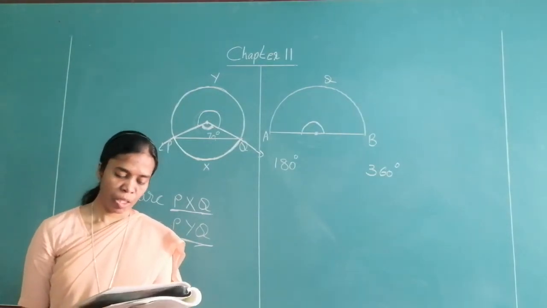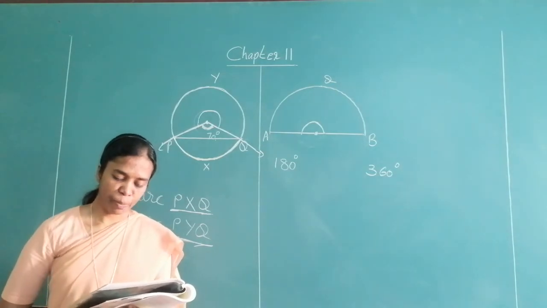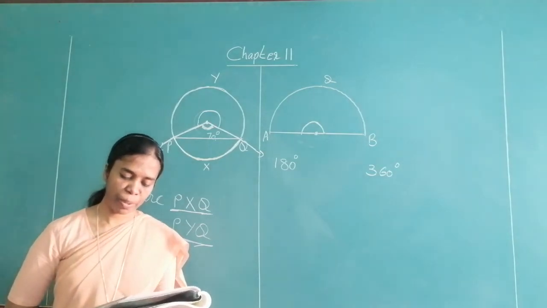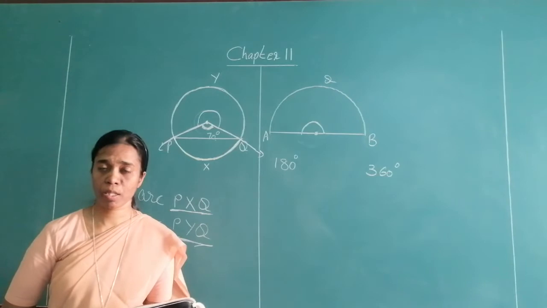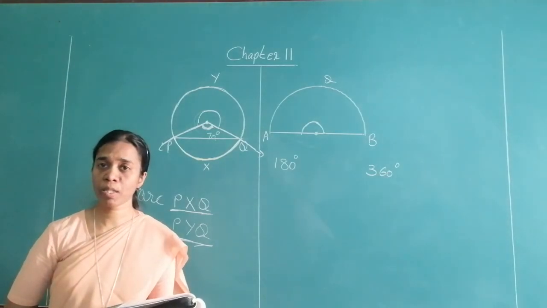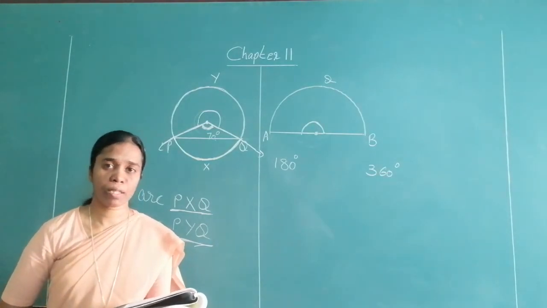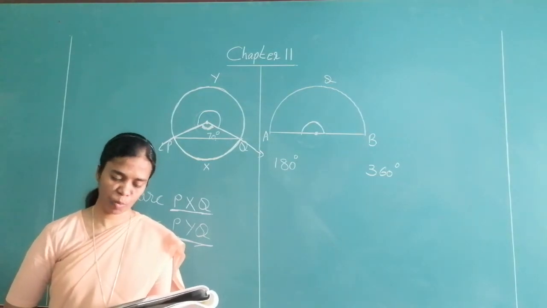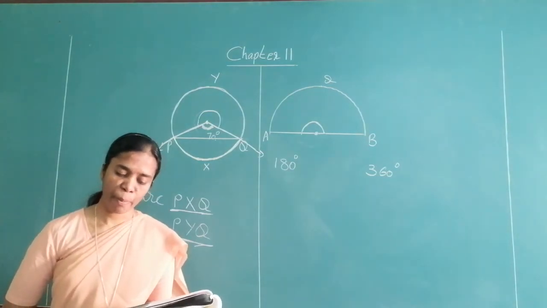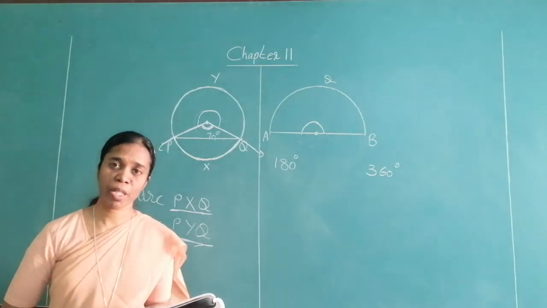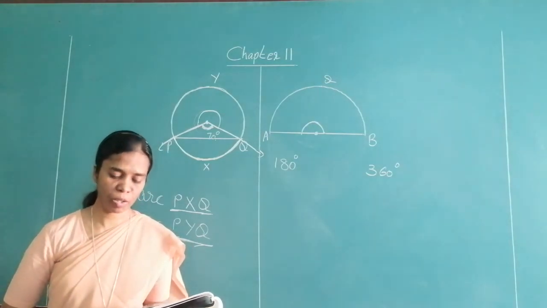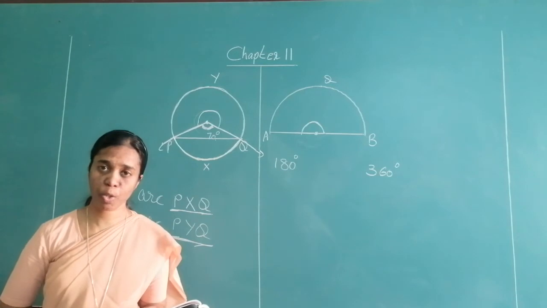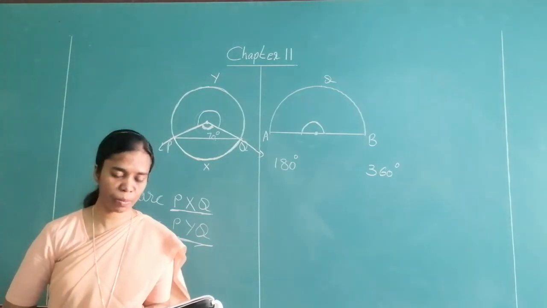Question number 1. If arc AXB and arc AYB are corresponding arcs. Now what do you mean by corresponding arcs? They give us a complete circle. Look at the endpoints A and B. And look at the way the measure of an arc is written: small m, then in an open bracket arc AXB.